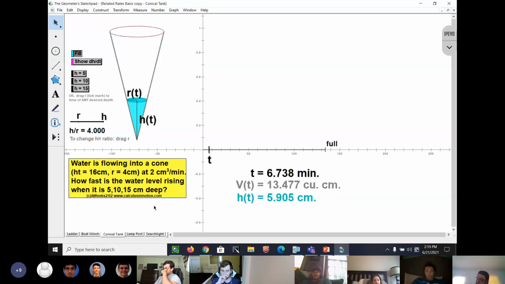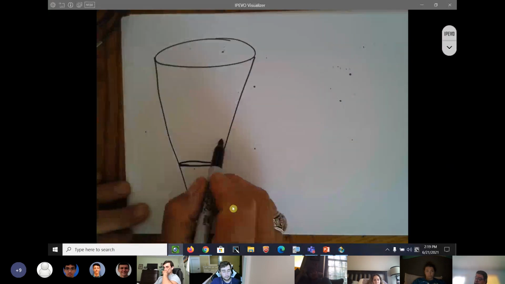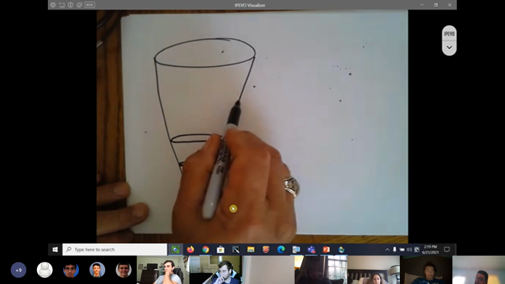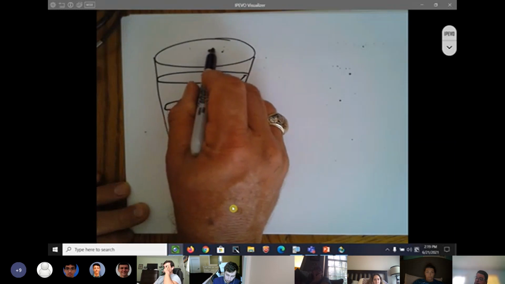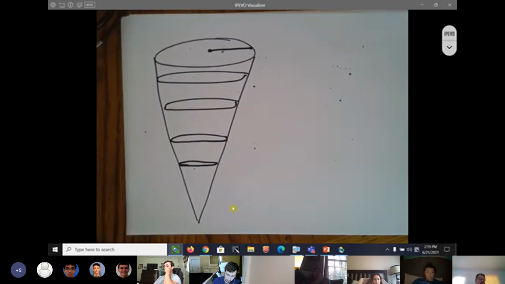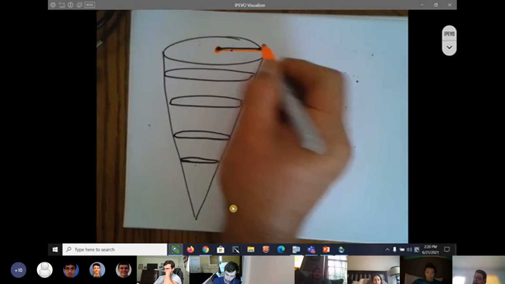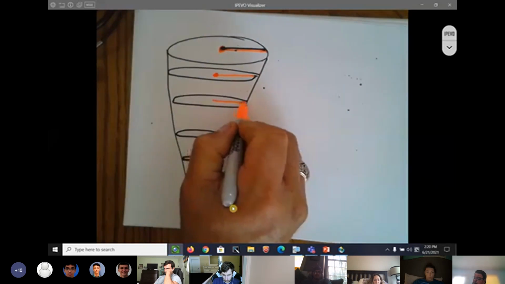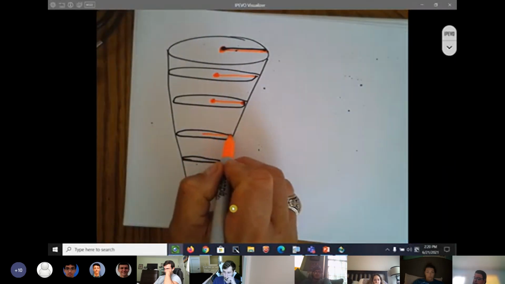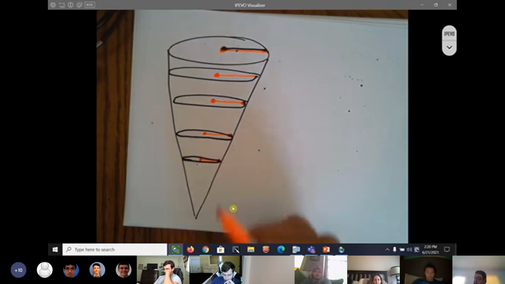But as you can see from the graphic, you see that each one of these radii, as the height of the water goes up, the radius increases.